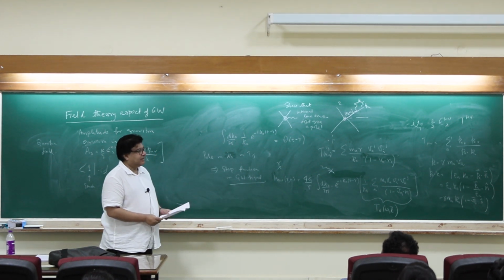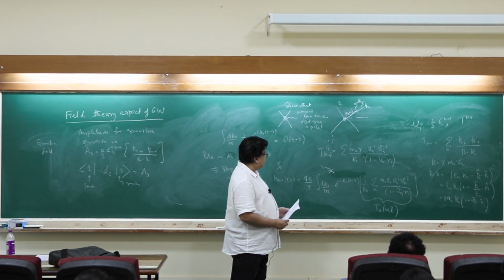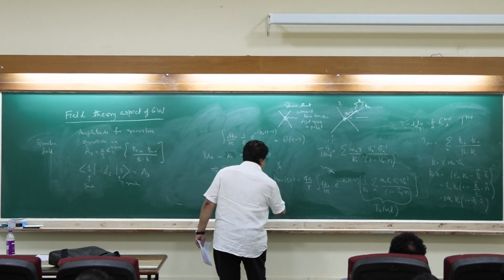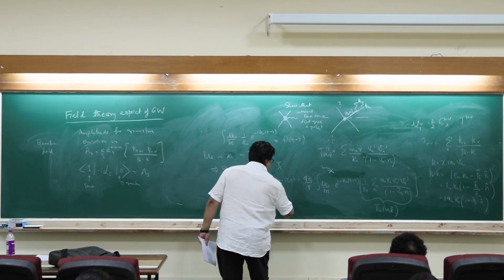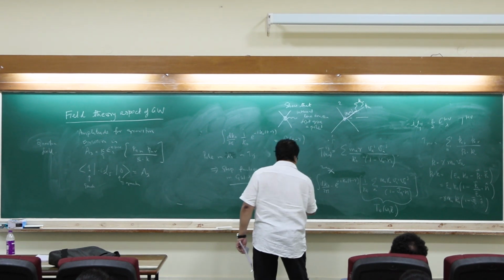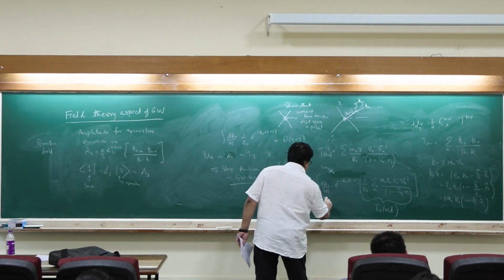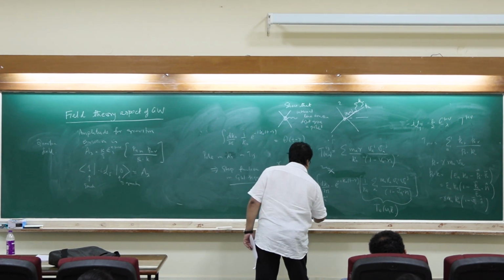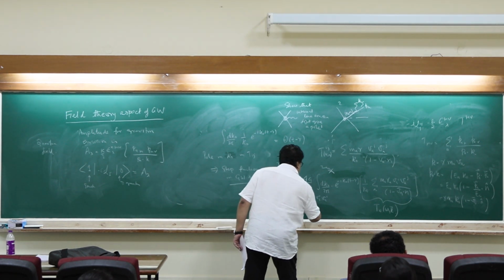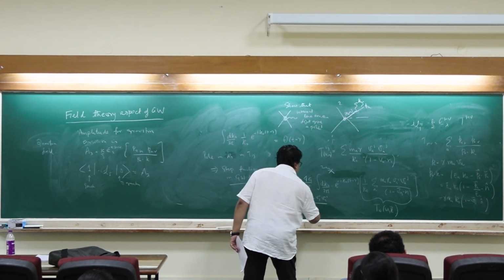Okay. So in the position space, what you will get is 4G by r times this factor, times epsilon ij.